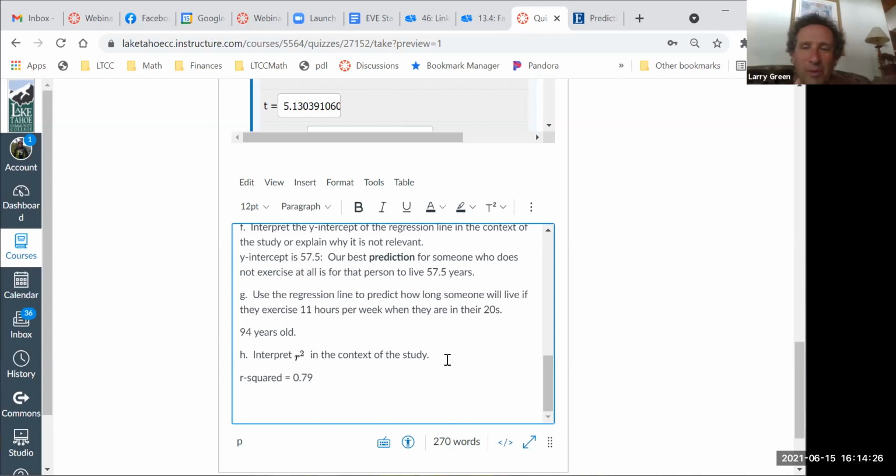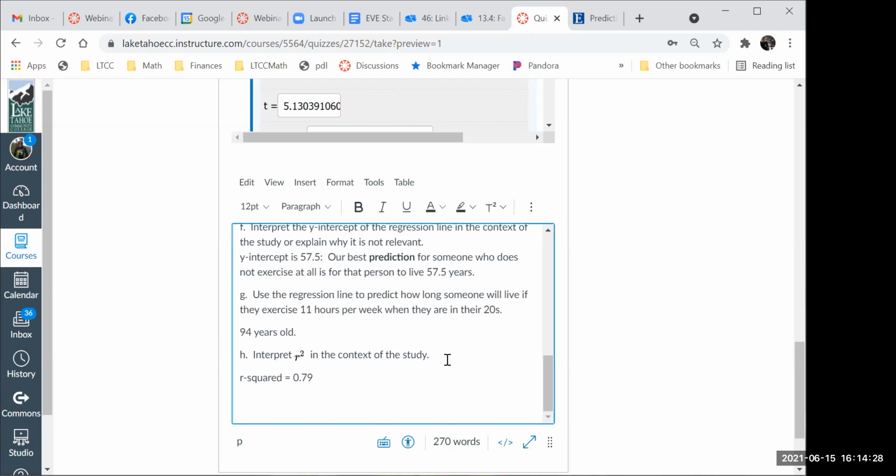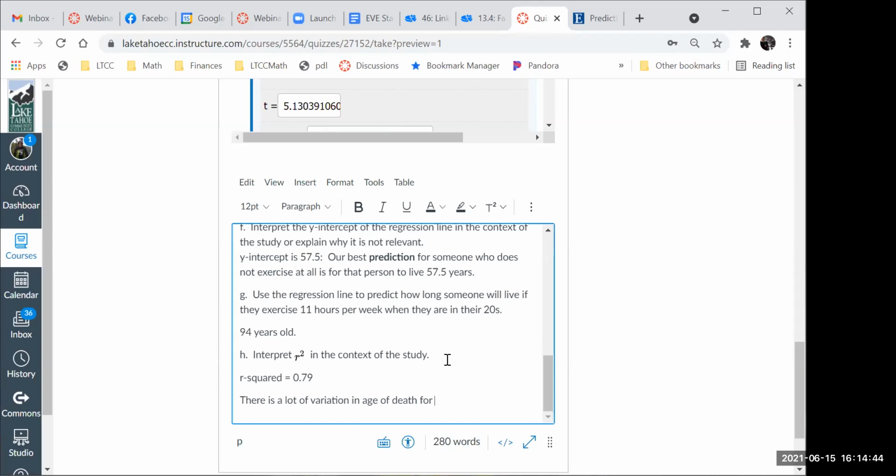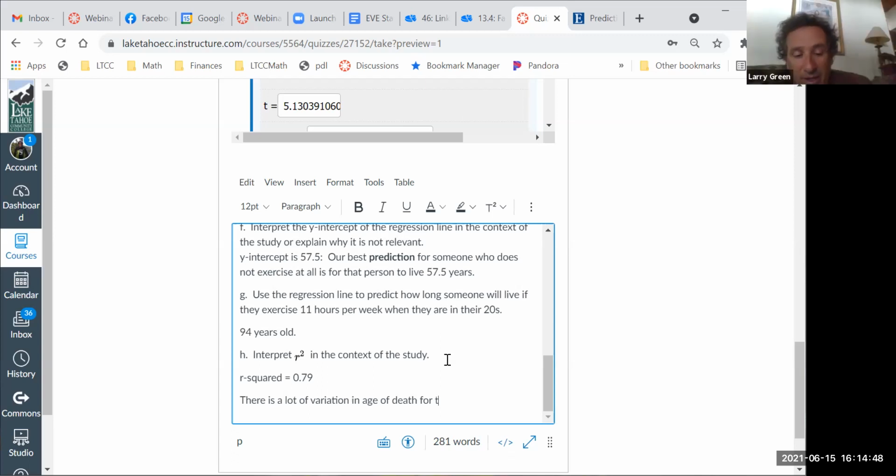Okay, give you a moment. Don't you first usually say that there's a lot of variation in the age of death for people who exercise different amounts, or just for the general public? Oh, okay.